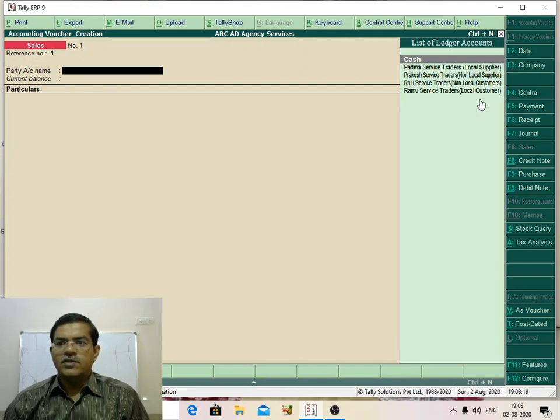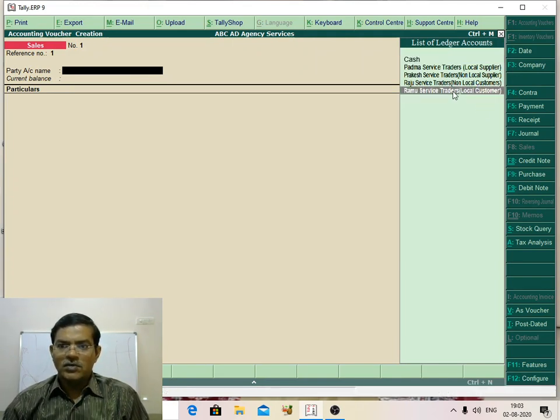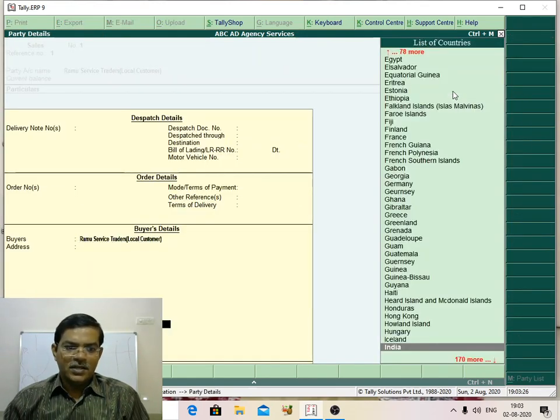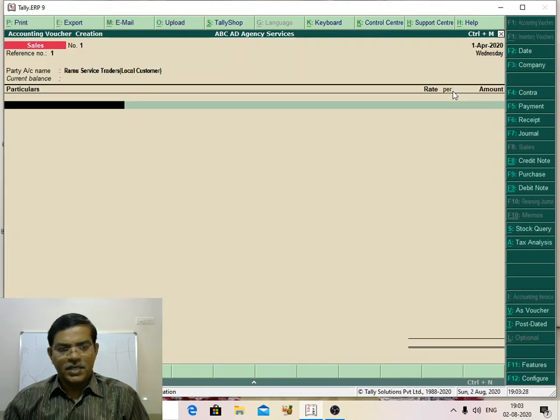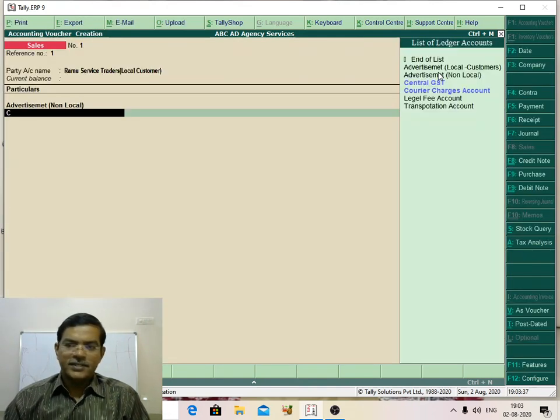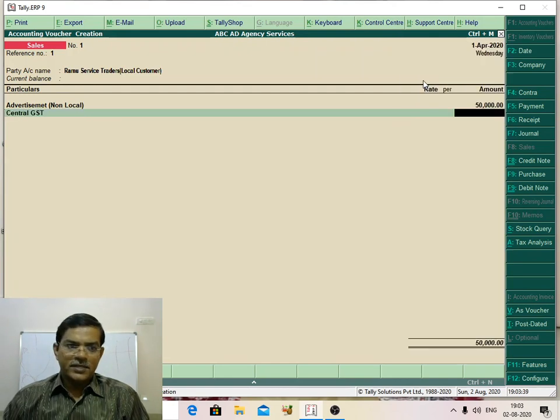First I am taking the local customer, Ramu Service Traders. Local customer, Telangana to Telangana, place of supply. Here, local advertisement. Suppose I am providing 50,000 rupees of local advertisement, the tax rates are applicable, central GST.